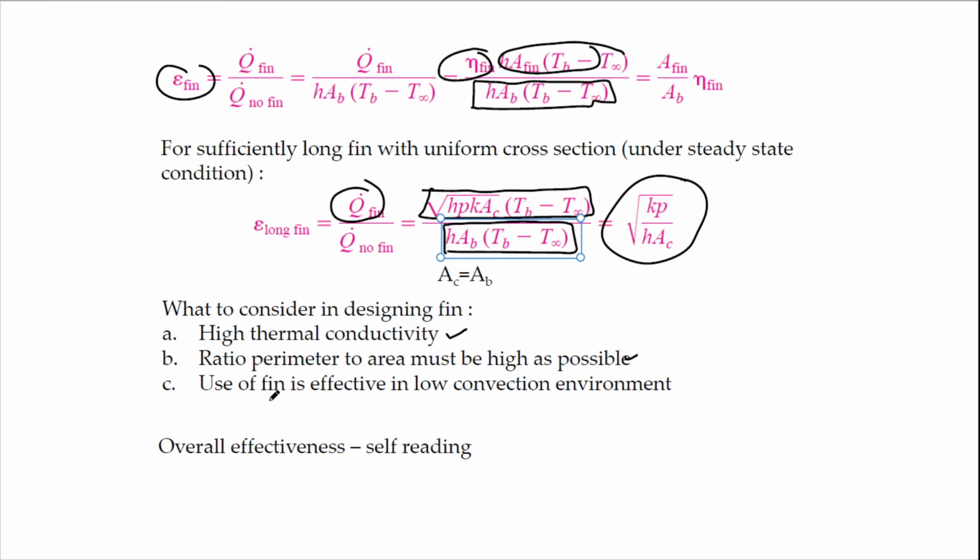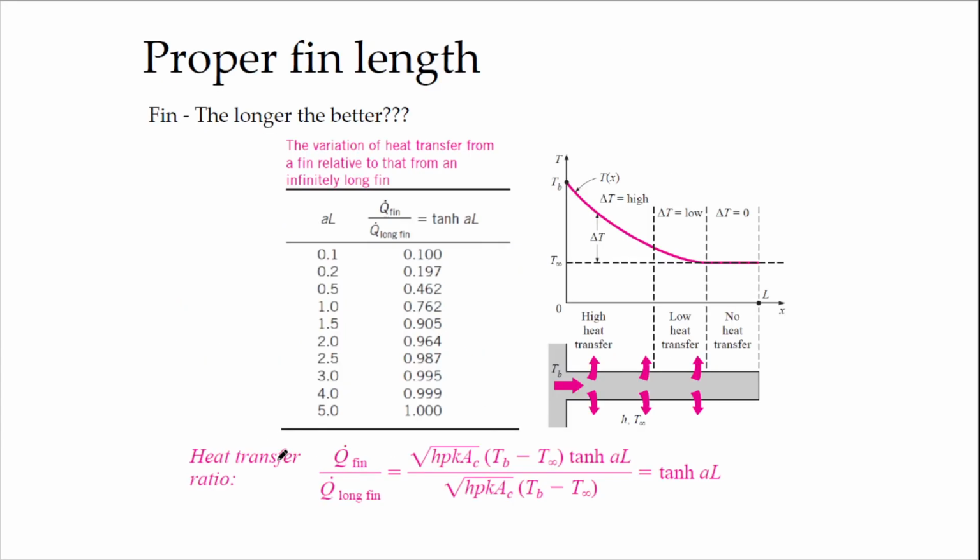The use of fins is effective in low convection environments, so we don't want to add an extra pump or extra work to force the air to flow around the fin. We just want to focus on the fin to increase the heat transfer rate. You can have a look at the textbook for overall effectiveness.